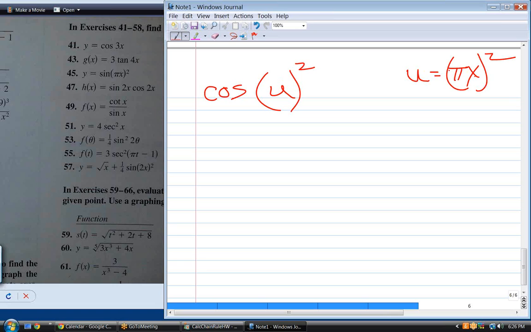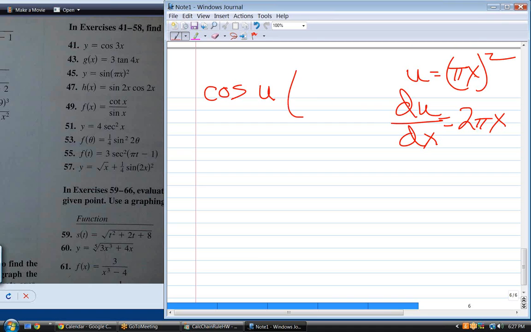So we have to let u be pi x squared, so that when we take the derivative of that, that's the sine of u, which is the cosine of u. And now what is du dx, the derivative of the inside? Pi. Use the power rule. It's only a power rule problem. 2 pi x. 2 pi x.